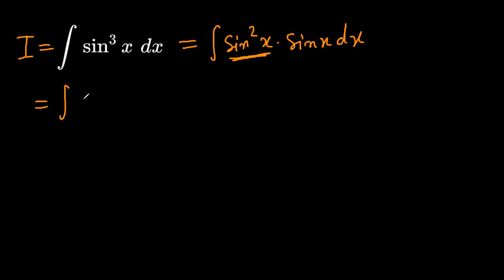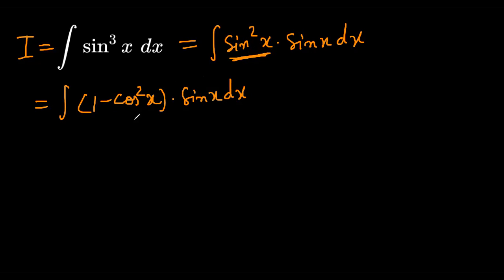The other way is to write sine cube x as sine square x into sine x dx. Now the first function here can be changed into cos: sine square x is 1 minus cos square x, times sine x dx.